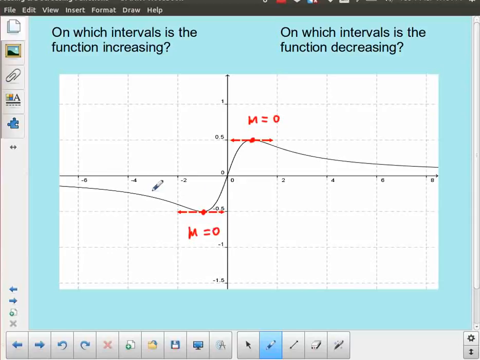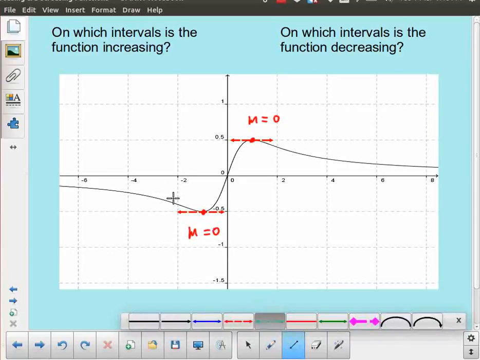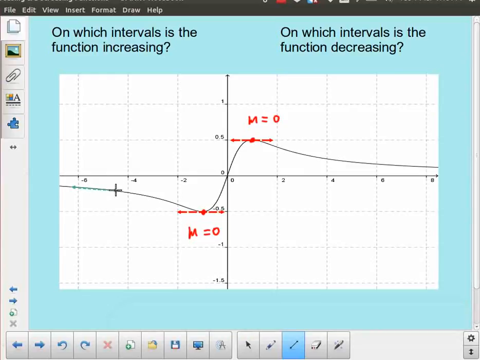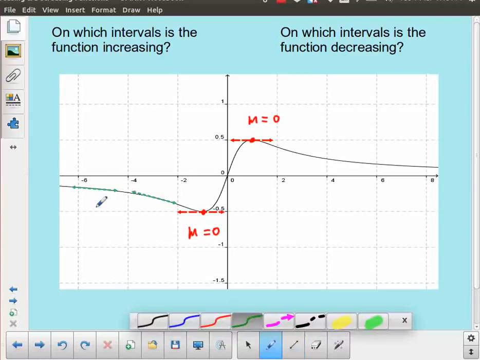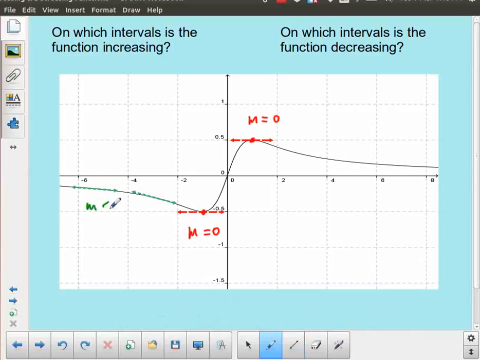And now I ask myself, well, what's happening over here? And if I put in just a couple of lines, and I try to draw tangent lines, even though they're shallow, you can see that those tangent lines are negative. So here we have a slope that is less than 0, and that means that this function is decreasing.